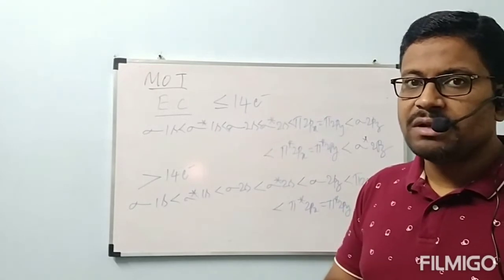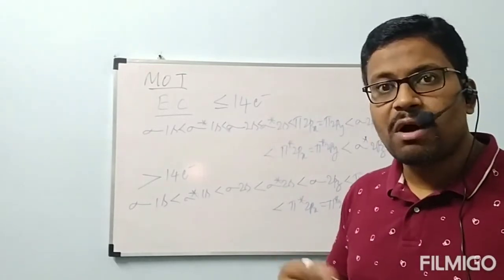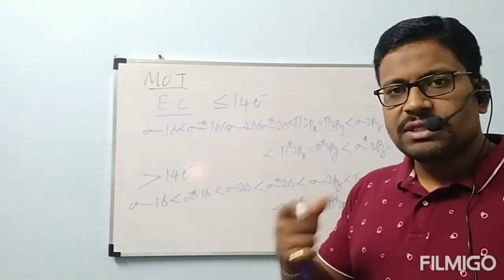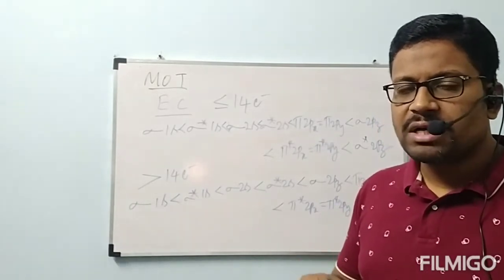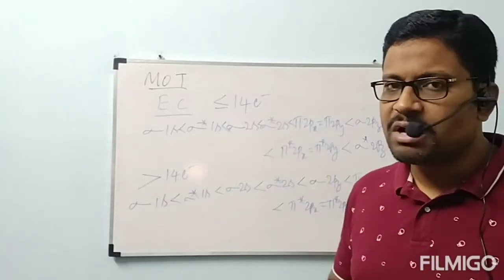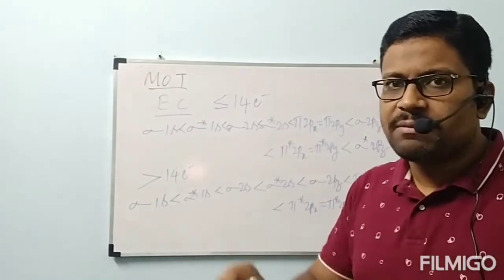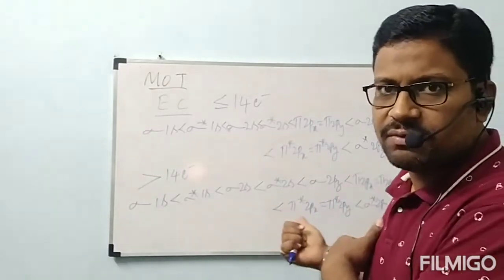Next, whether that molecule exists or not. After writing the configuration, we will write the bond order. Using the bond order, if the bond order is equal to 0 or less than 0, the molecule will not exist. If the bond order is greater than 0, only then will the molecule exist. That concept we will discuss now.